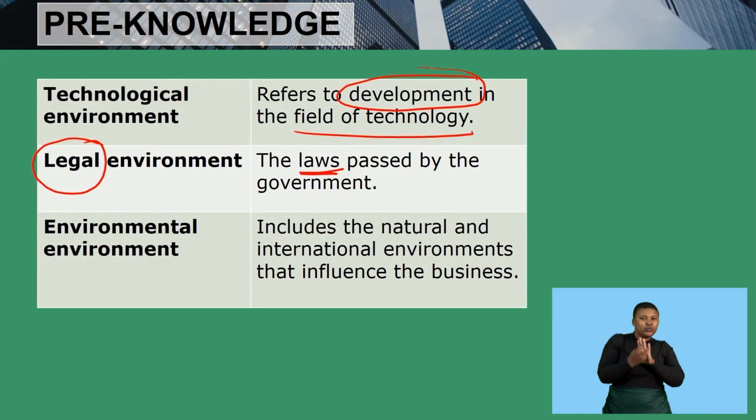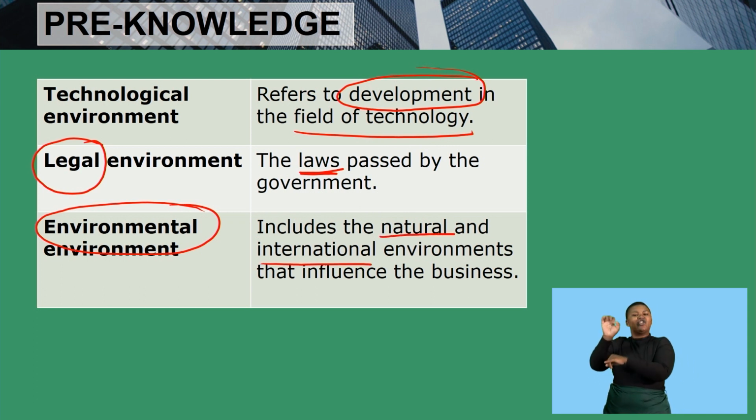Then legal environments, legal of course referring to laws or even rules that have been implemented by government and its institutions. And then the last term you should be familiar with is environmental environment, which includes our natural and our international environments, which of course influence the business.